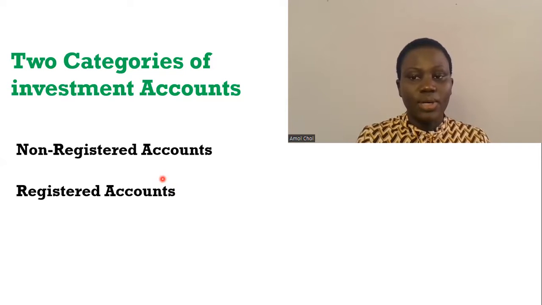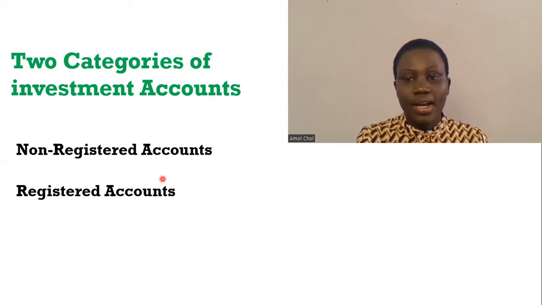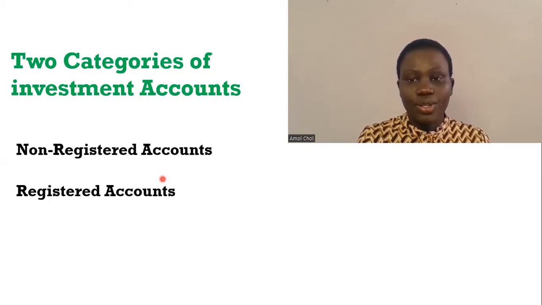If you are making money in your non-registered account, you have to comply with the rules and report that money with your regular income. The registered accounts are also under the government too, so it depends on which one you choose when it comes to tax implications, right? Now let's look one by one at which one is which and what are the examples.